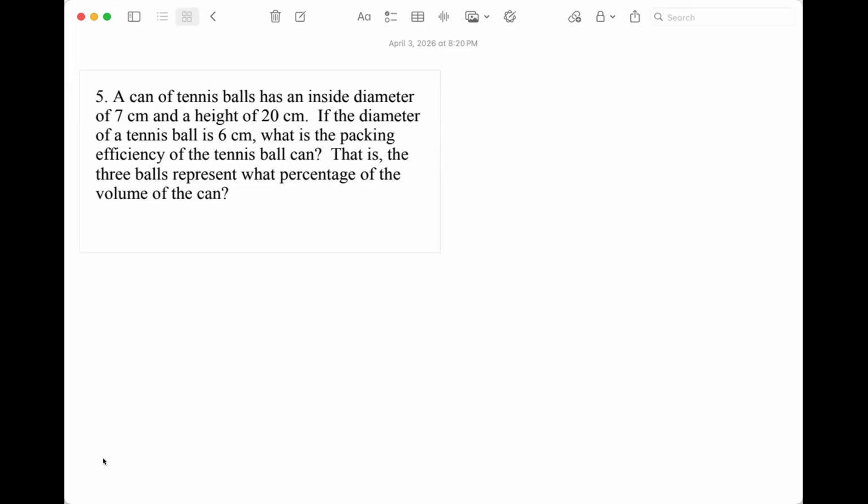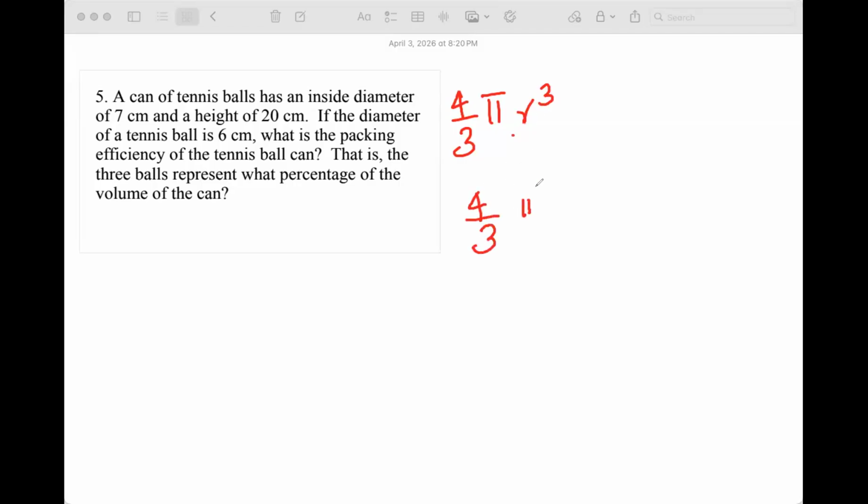So I found the volume of one tennis ball, using the formula 4/3 pi r cubed, which is 3 cubed, which equals 27 times pi. The diameter is 6 centimeters.